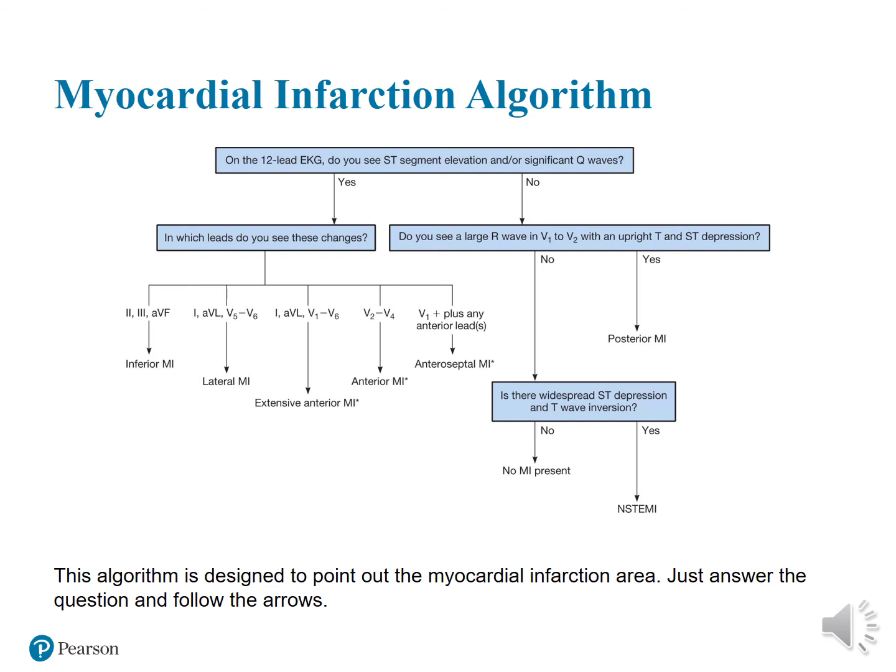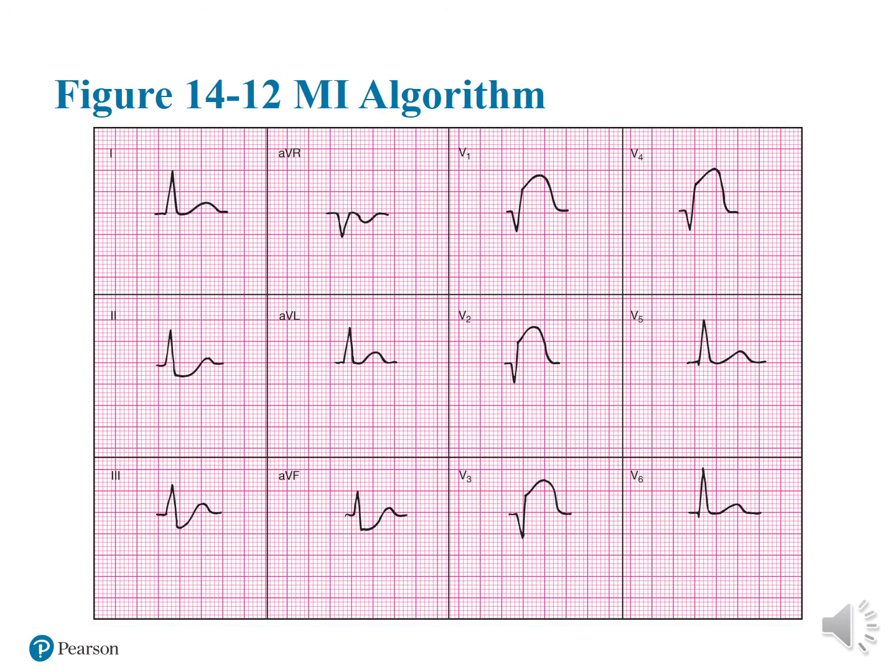You ask your questions, do the check down, and it will help you make the right diagnosis. This is the MI algorithm, 14.12, and this is essentially what it will look like on the chart. If you walk through the questions from the infarction algorithm, you'll see how everything lines up with the EKG.